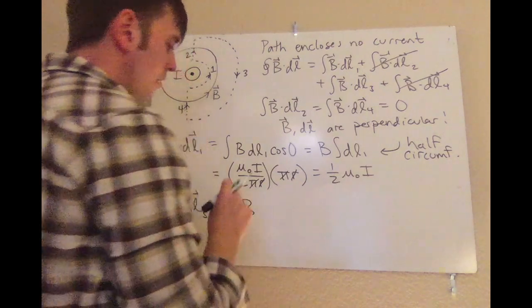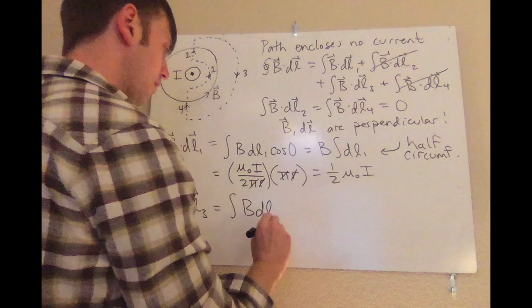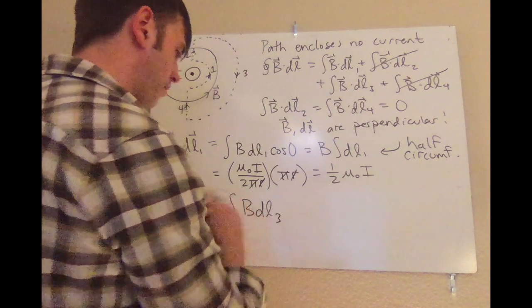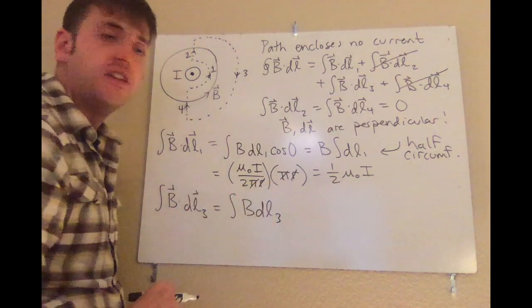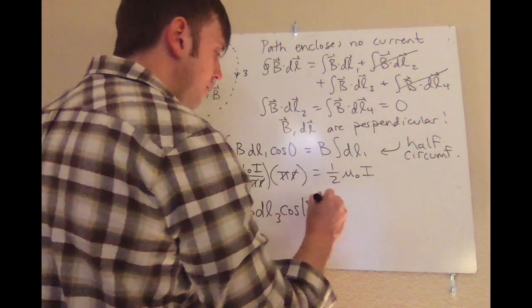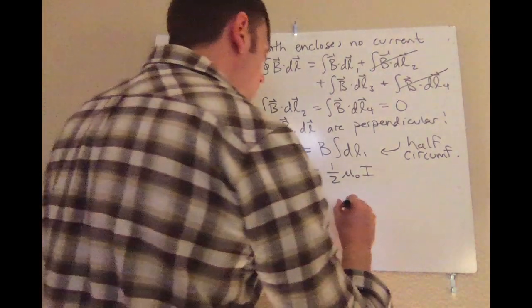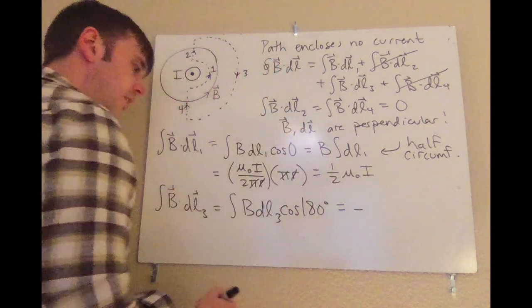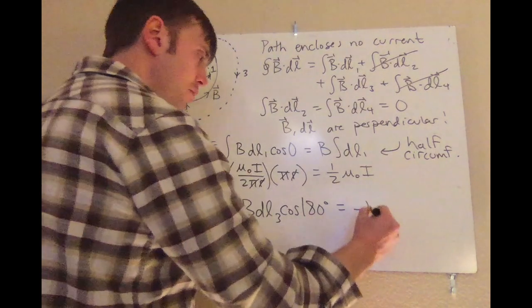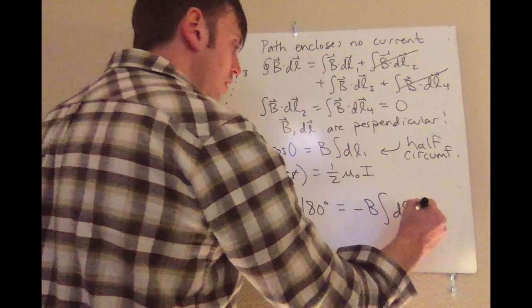So now I have B dot DL3: the magnitude of B times the magnitude of DL3 times cosine of 180, because these vectors exactly oppose each other. Cosine of 180 is -1. B is constant over the path for the same reason as before. And then we have DL3.